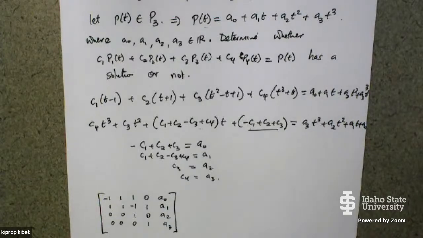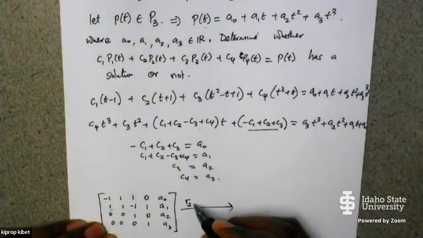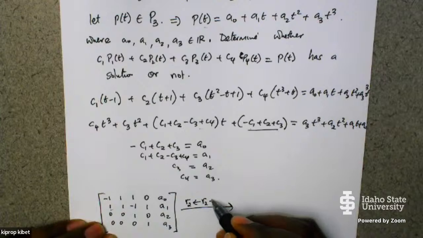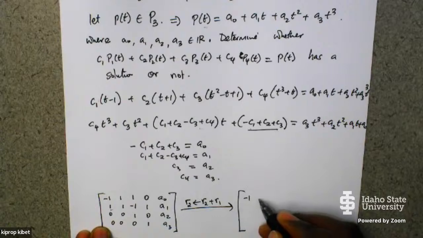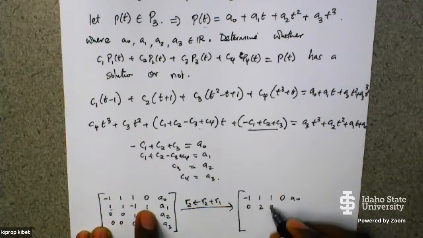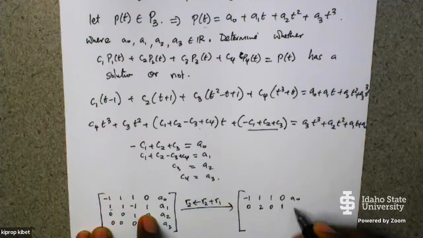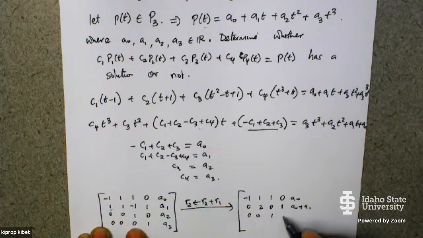When we reduce the matrix, the new R2 is R2 plus R1, and then we get minus 1, 1, 1, 0, A0; 0, 2, 0, 1, A0 plus A1; 0, 0, 1, 0, A2; and 0, 0, 0, 1, A3.